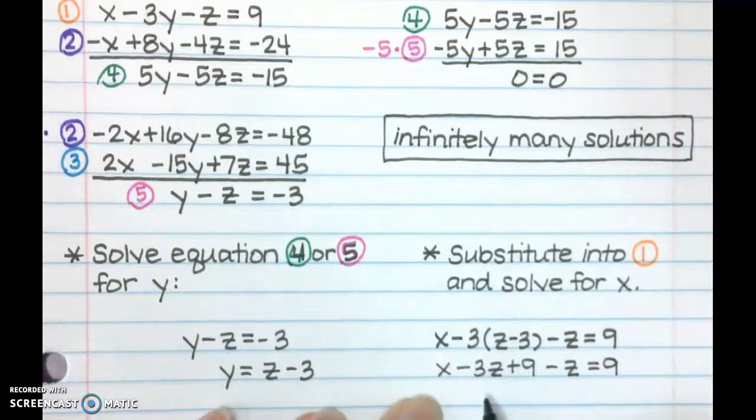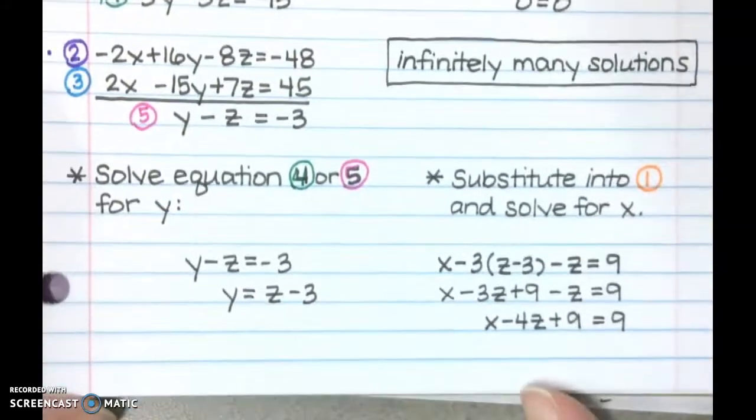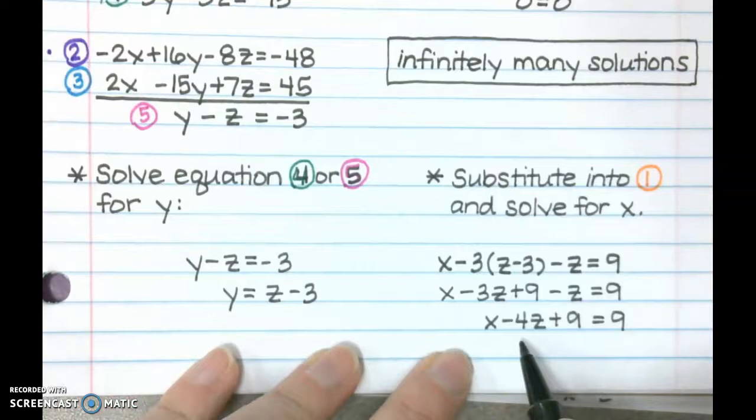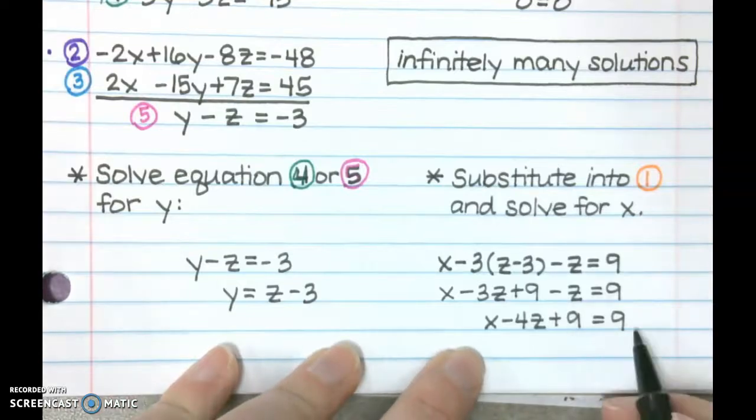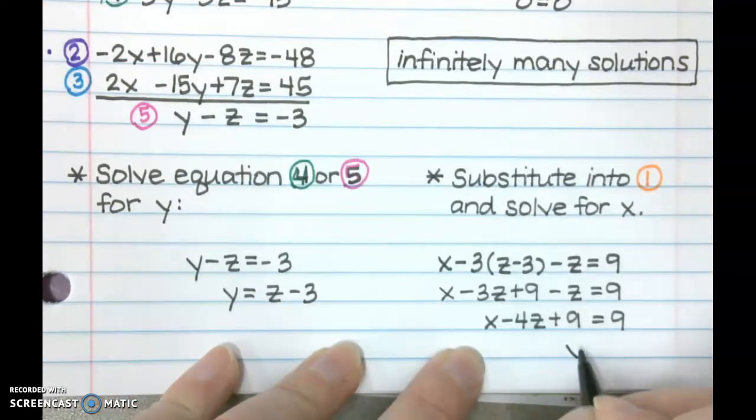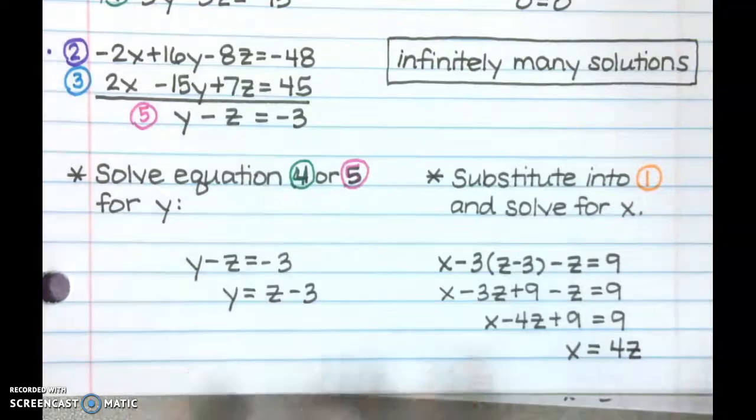Combine my like terms. So x minus 4z plus 9 equals 9. And then I want to solve this for x, so we'll subtract 9 from both sides, and that leaves us with x is the same thing as 4z.